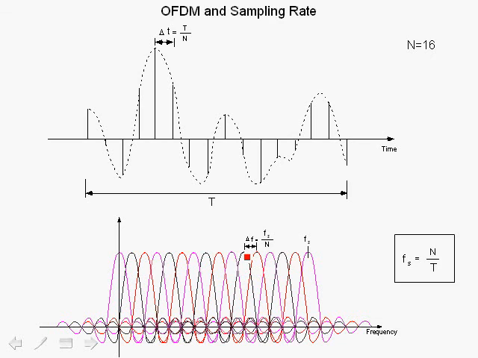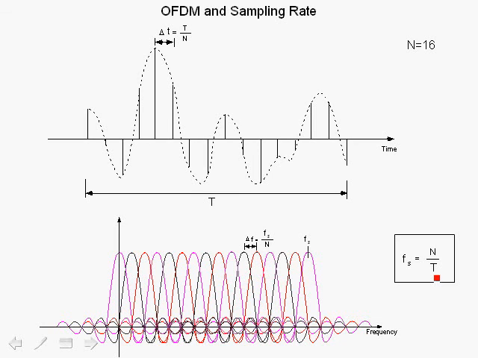So now we've established the fact that the bandwidth occupied by OFDM, by the multiplexed subcarriers, is the sampling rate, and the sampling rate is equal to N, the length of the vectors, as we mentioned before, divided by T, the total time interval in the time domain.